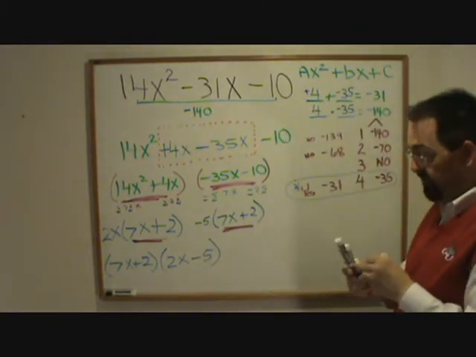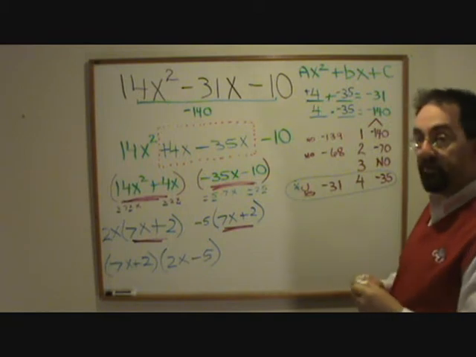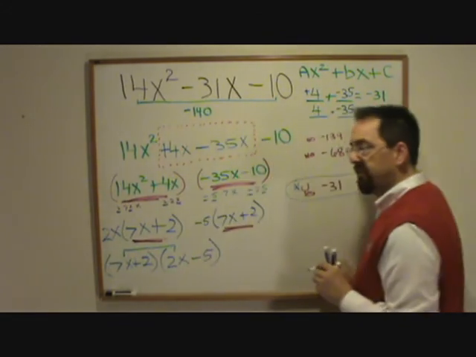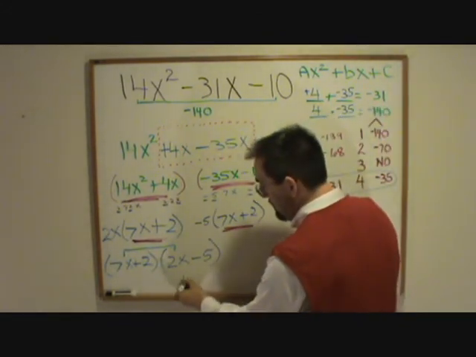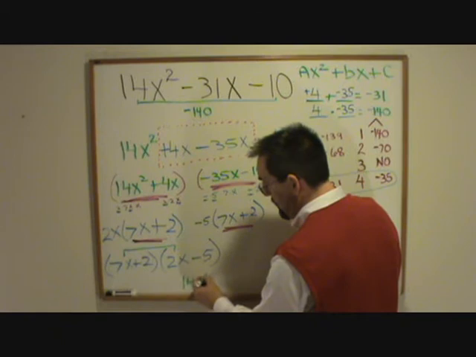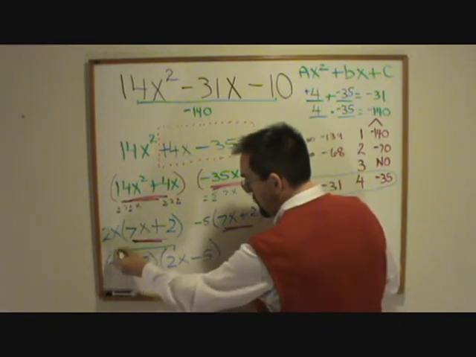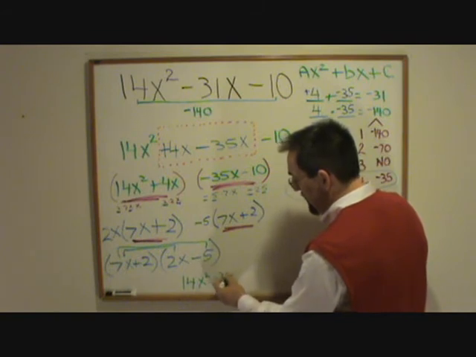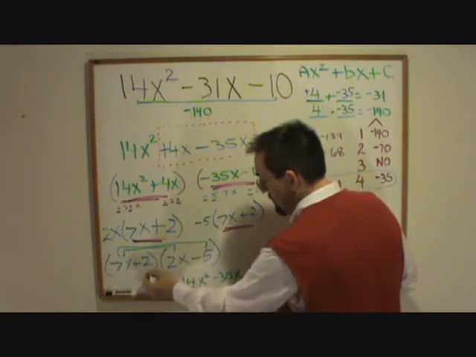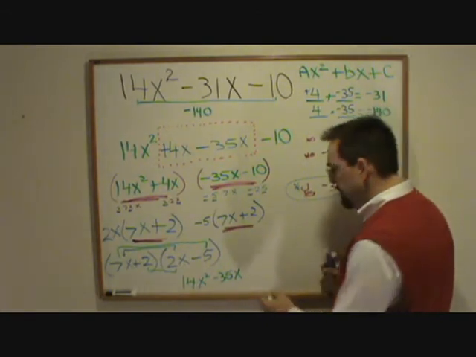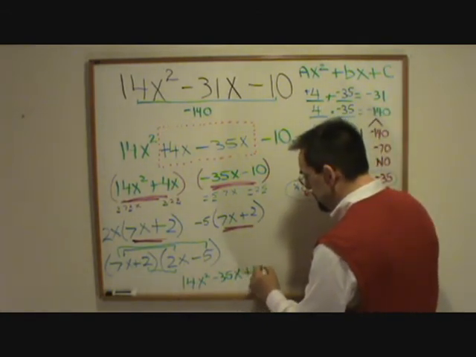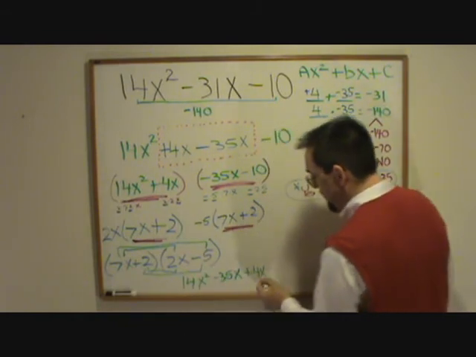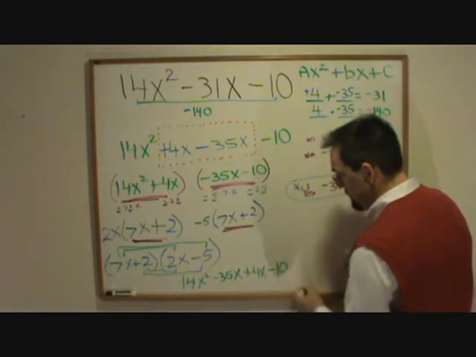Let's check our answer before we conclude this to make sure that we didn't make a mistake. 7x times 2x, 14x squared. 7x times a minus 5 is minus 35x. 2 times 2x gives us a 4x. 2 times minus 5 gives us minus 10.